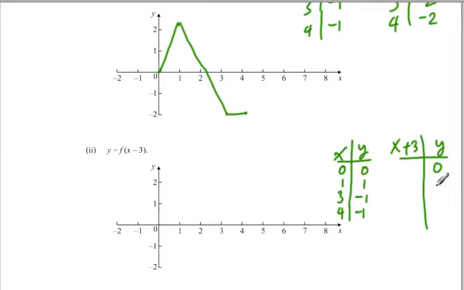Let's just write the y's because they're easier to do. If we add 3 to the x's, this becomes 3, 4, 6, and 7.